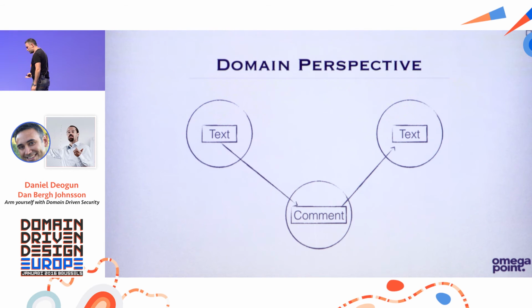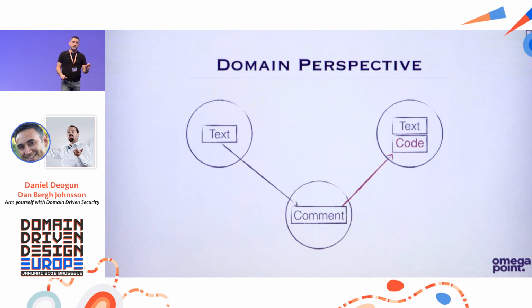Then, when we do another GET of that page, we're inside of a read context. And in that context, we're supposed to interpret it as text. Pretty obvious. But what really happened was that we interpreted that piece of comment as code.